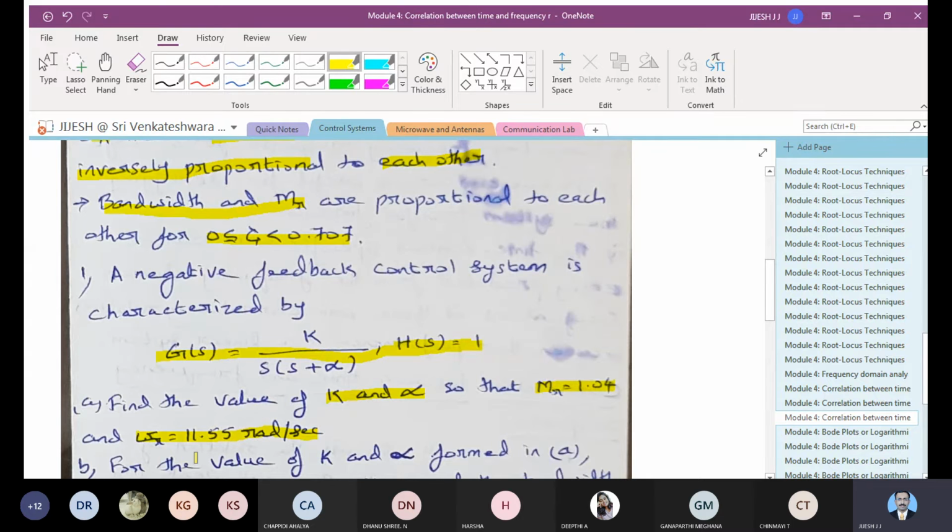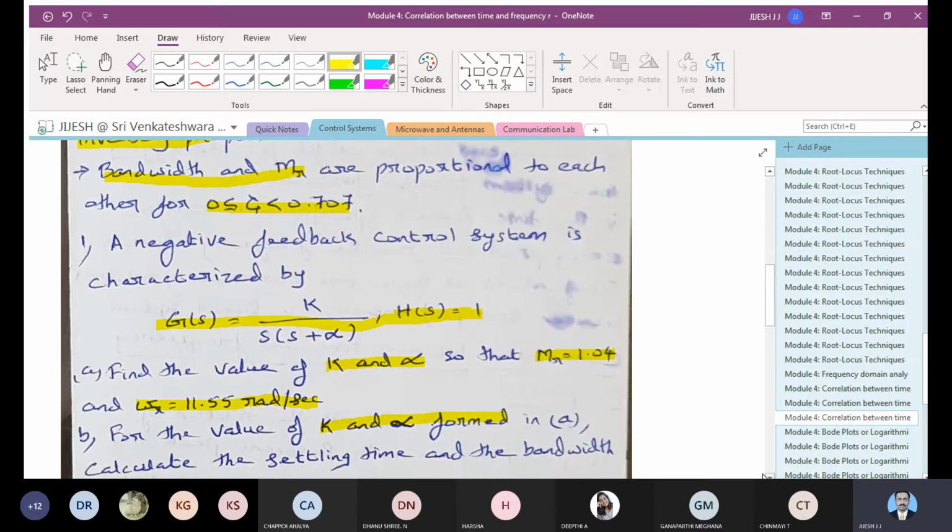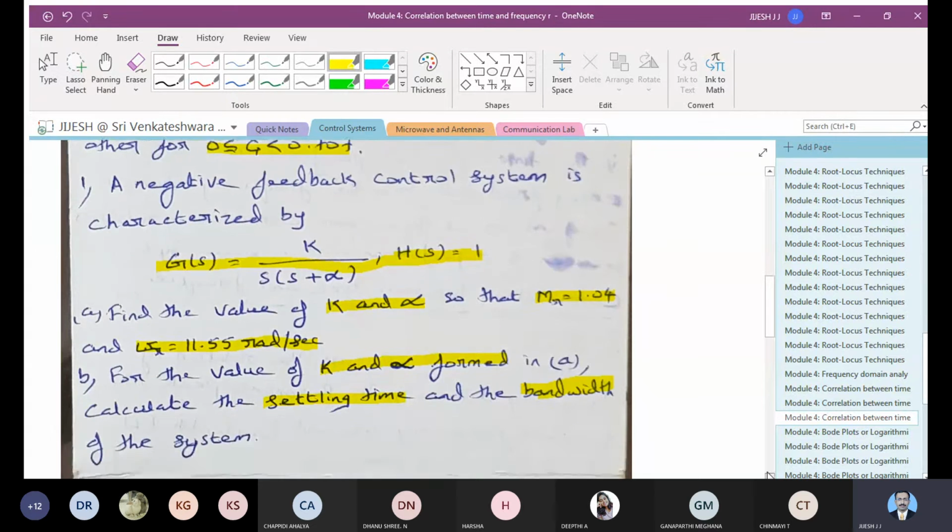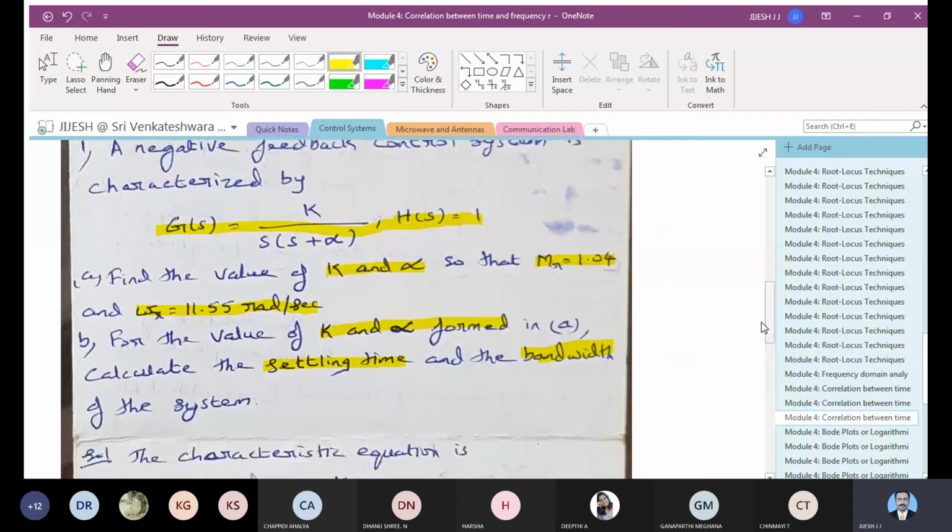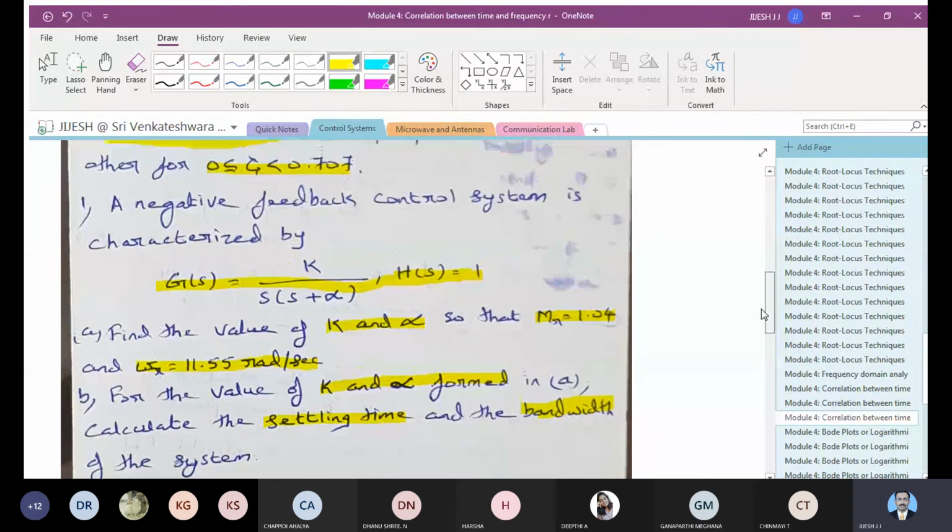For these values of K and alpha, you have to calculate the settling time and the bandwidth. You can make a note of this problem, and we will continue with the solution.